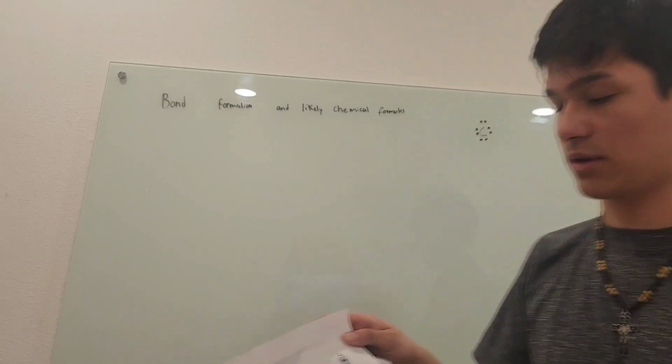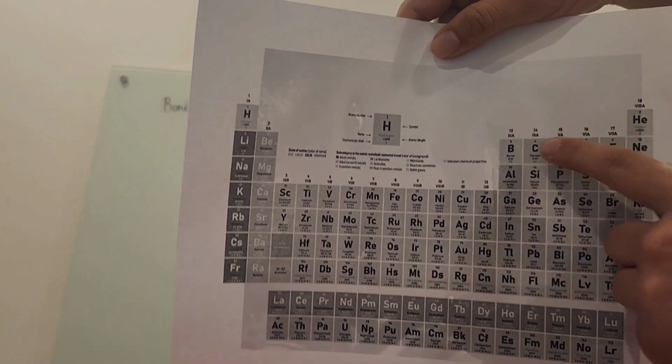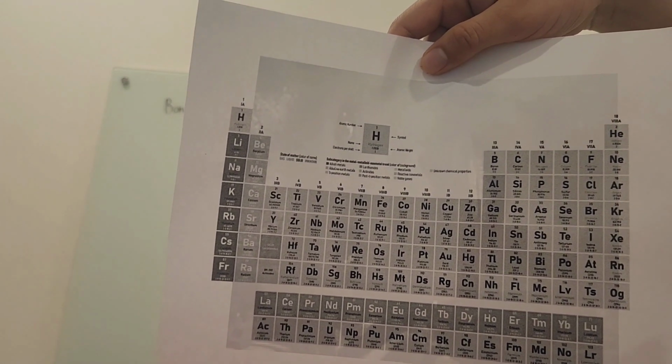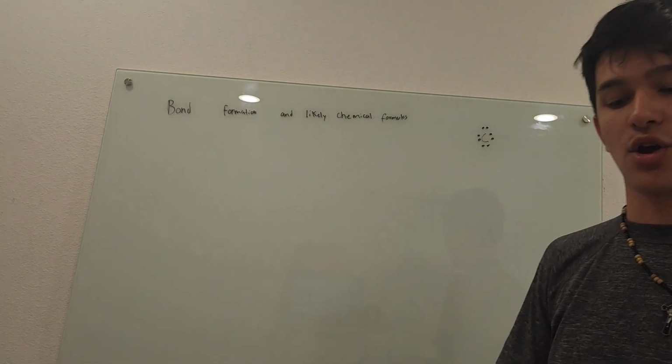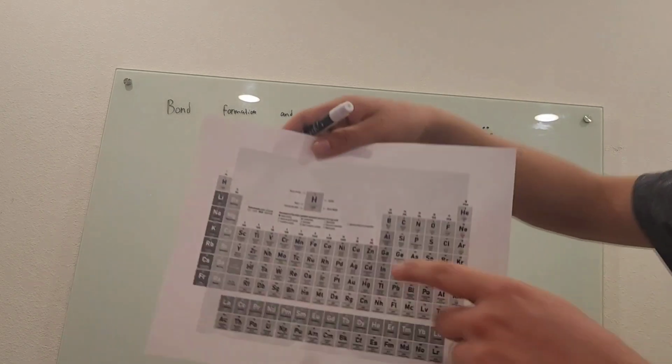In this example, we can see the periodic table over here. So from row 14 to row 18, these elements make covalent bonds. Covalent bonds is the sharing of electrons, right? So carbon is in row 14.